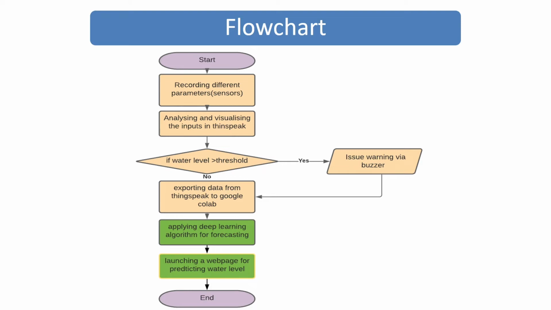If it does, then a buzzer will get triggered and the data from ThingSpeak will get transferred to Google Colab where a deep learning algorithm for forecasting is applied. After that a web page will get launched where the prediction for flood takes place. Then the whole process comes to an end.